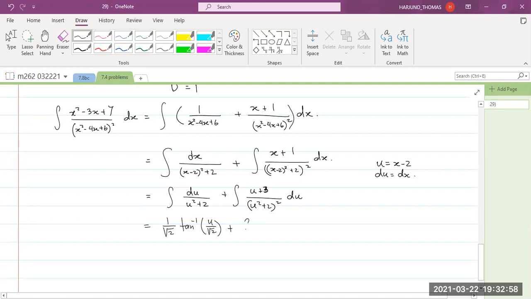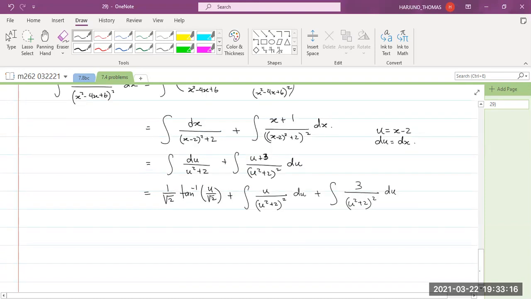I guess I will separate them. Let me use w equals u squared plus 2, so dw equals 2u du. Okay, so now the first term stays the same, plus the second term will be 1/2 integral dw over w squared, right?